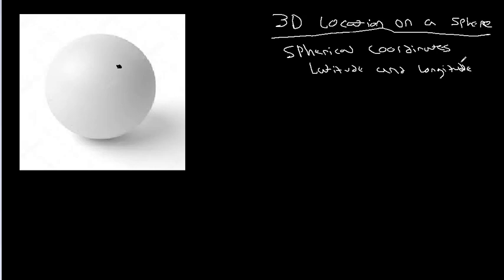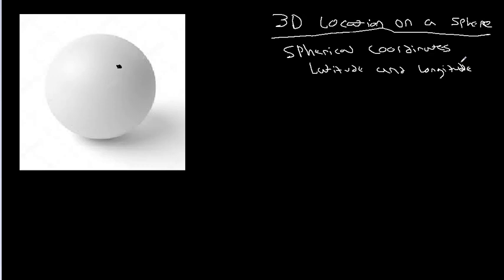Now, if you're anything like me when you were starting off with GIS and cartography, you had seen these terms thrown around a lot, and you might have maybe briefly considered what they meant, but you probably didn't give them too much attention because you were so focused on a lot of the other technical aspects and just learning software. So what I want to do is review these concepts in a very fundamental way so that you have a really solid understanding of how we get the location before we move on to projecting it onto a map.